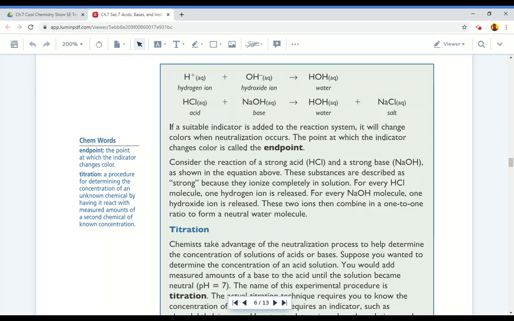These substances are described as strong because they ionize completely in a solution. For every HCl molecule, one hydrogen ion is released. For every sodium hydroxide molecule, one hydroxide ion is released. These two ions then combine in a 1-to-1 ratio to form a neutral water molecule.